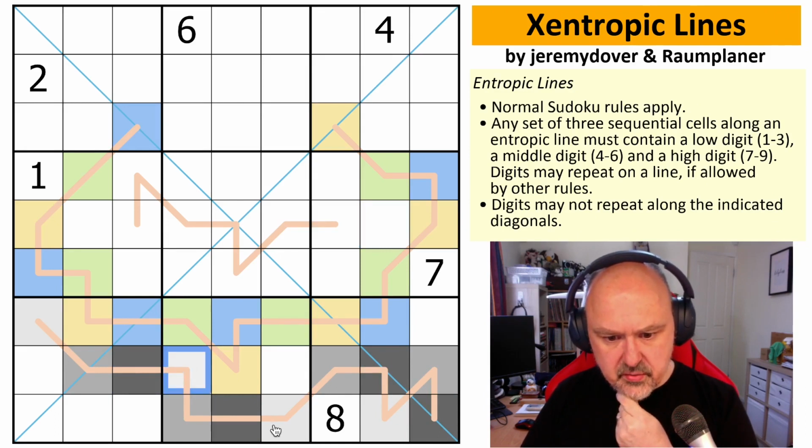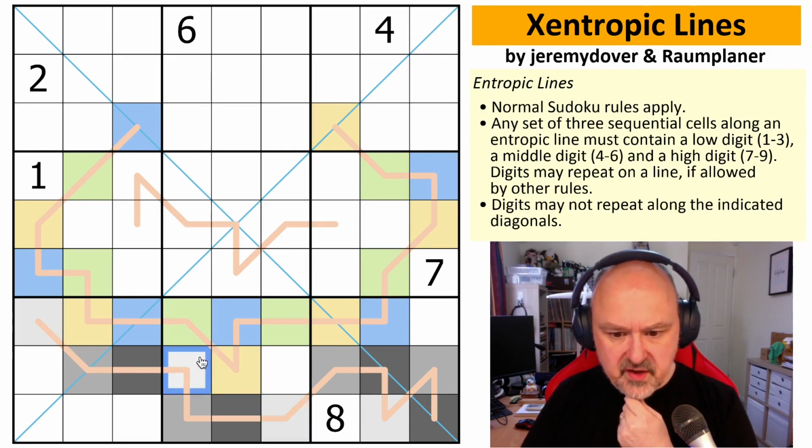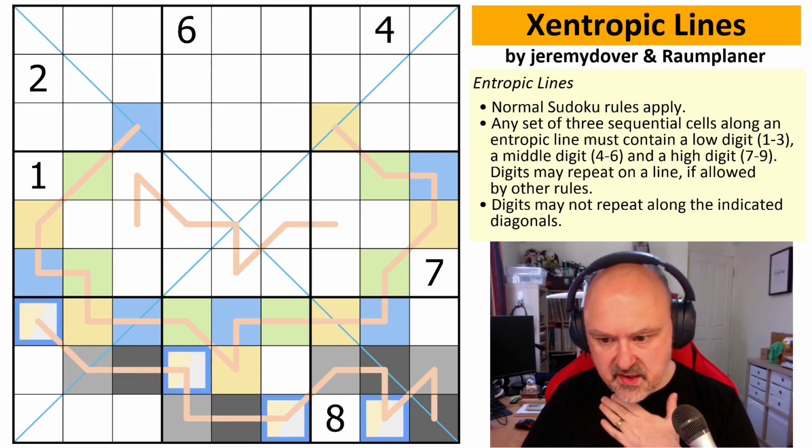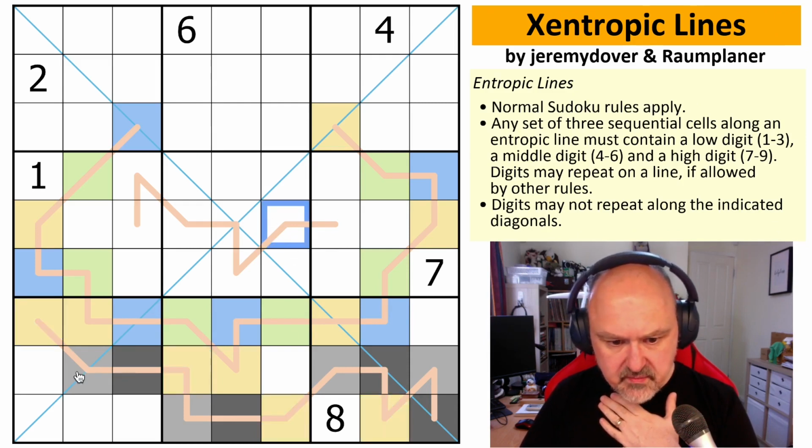So we know that light grey is not green. But I'm not seeing anything. Oh, hang on. Light grey cannot be green, because then we would have 4 green in this box. And light grey cannot be blue, because we've already got 3 blue in this row. So light grey must be yellow. Okay, middle grey. Middle grey can't be yellow, and neither can black.